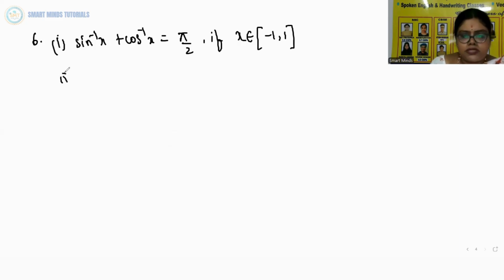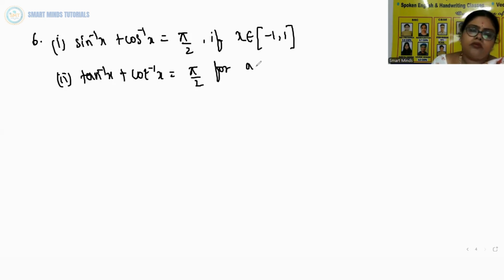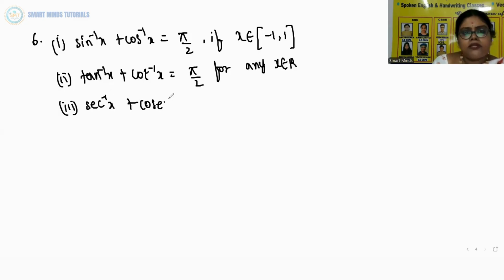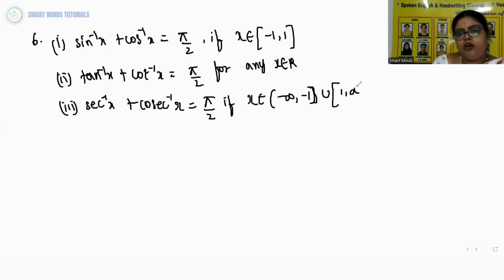And number 2 is tan inverse x plus cot inverse x equals pi by 2 for any x belongs to R. Number 3, secant inverse x plus cosecant inverse x is equal to pi by 2 if x belongs to minus infinity comma minus 1 union 1 comma infinity.